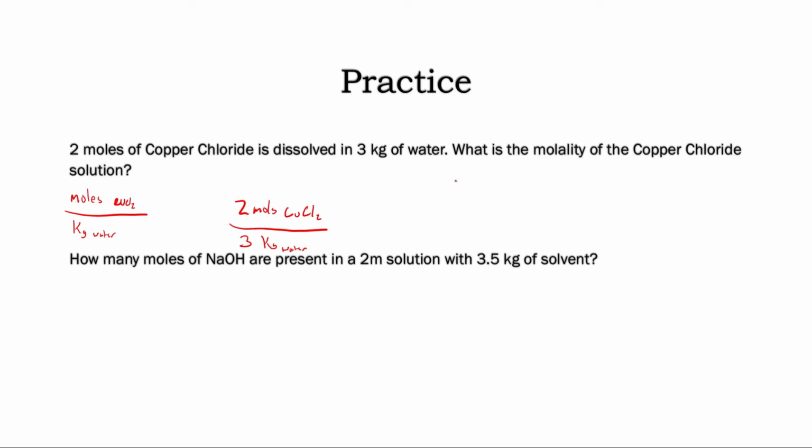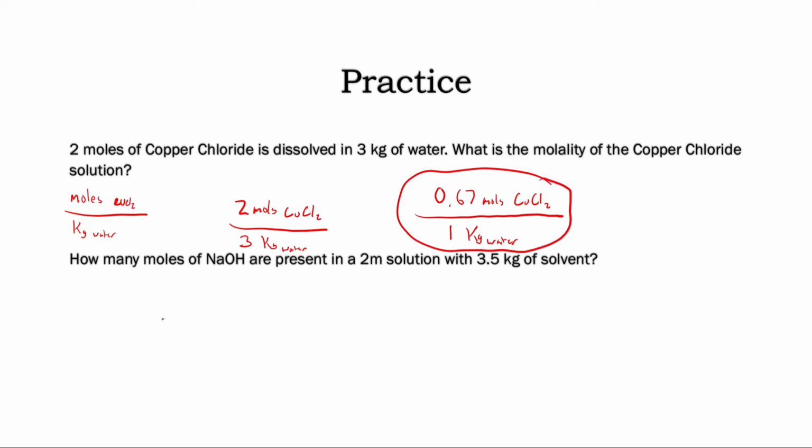But we're going to actually separate this so that there's a 1 on the bottom, and that will leave us with about 0.67 moles of CuCl2 per 1 kilogram of water. And that's going to be our molality right there.